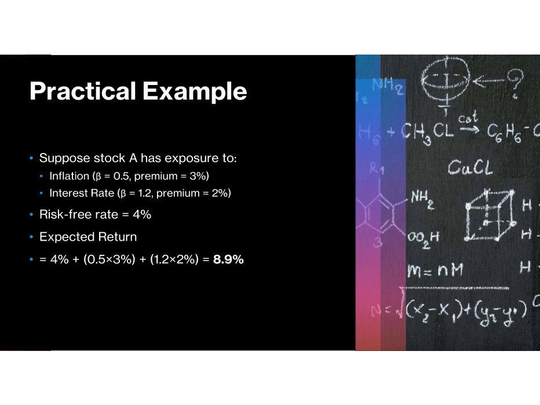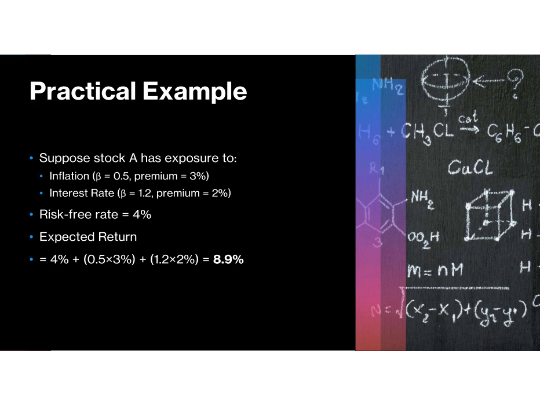Let's look at a practical example to see how exposure to different risk factors affects expected return. Imagine stock A is influenced by two factors, inflation and interest rates. For inflation, the stock has a beta of 0.5 and a risk premium of 3%. For interest rates, the beta is 1.2 with a risk premium of 2%. The risk-free rate in this case is 4%.